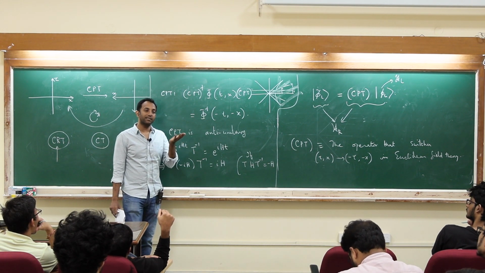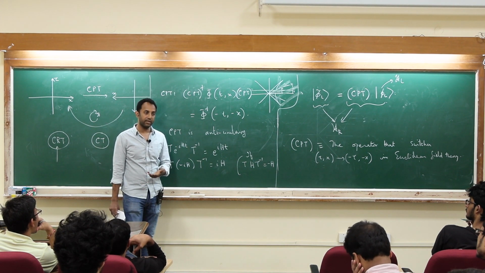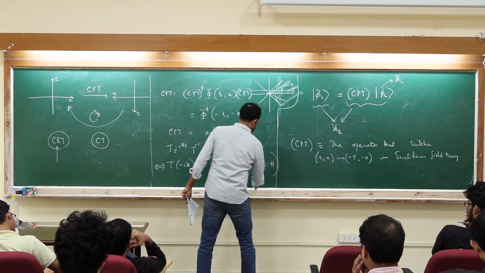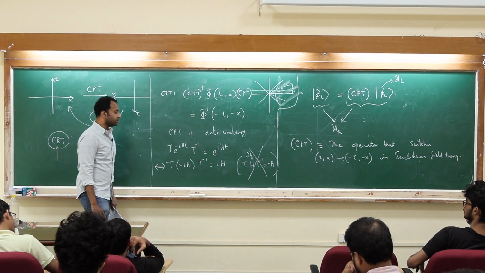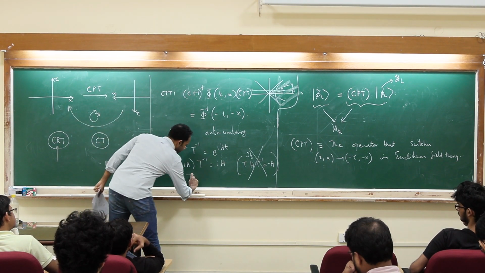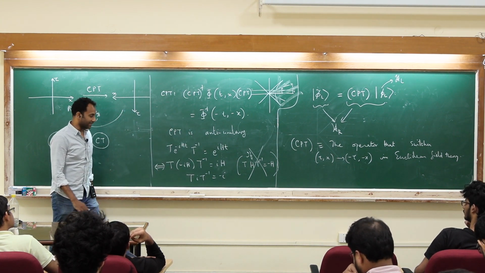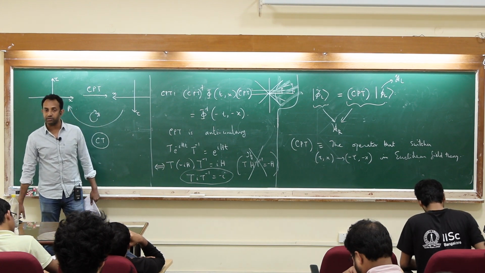We want the ground states of theories to be stable. You don't want them to decay to something else. That's what I call a stable system. So this is not okay, because if you do this, that's what will happen. Instead, what we do is declare that this takes you to this. And this is the definition, essentially, of an anti-linear, anti-unitary operator.